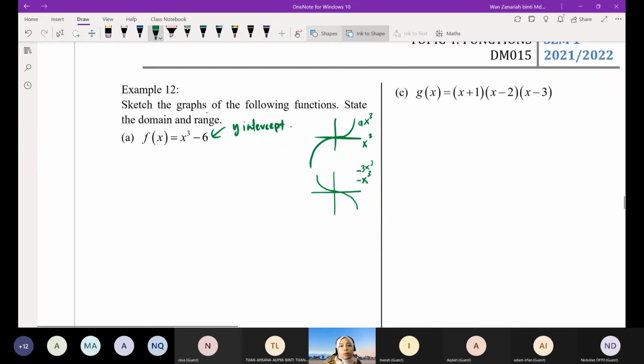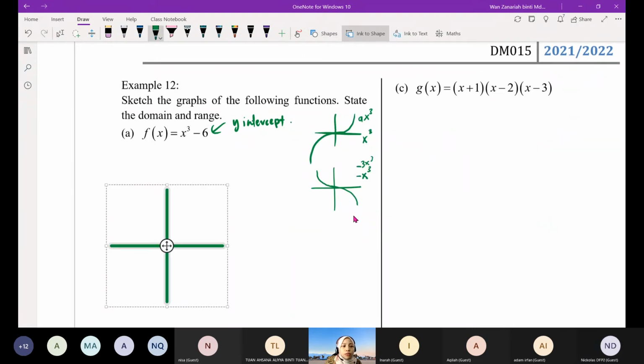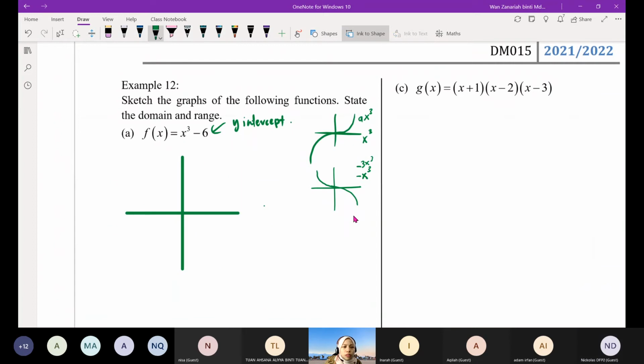Now dia nak yang mana satu? Positif, dari kanan. Tapi bukan terus ke bawah, sebab dia bukan pada kosong. Dia bukan x cube. Dia kata intercept pada negatif 6. So you kena langgar dia.